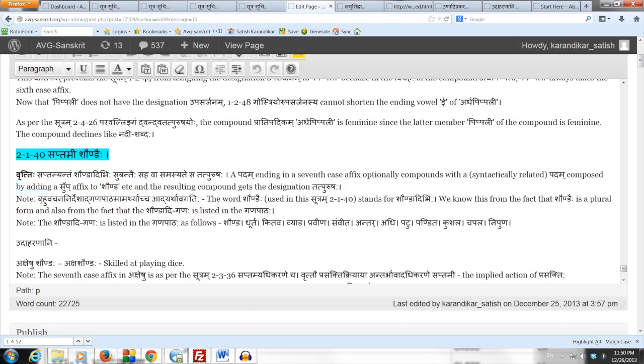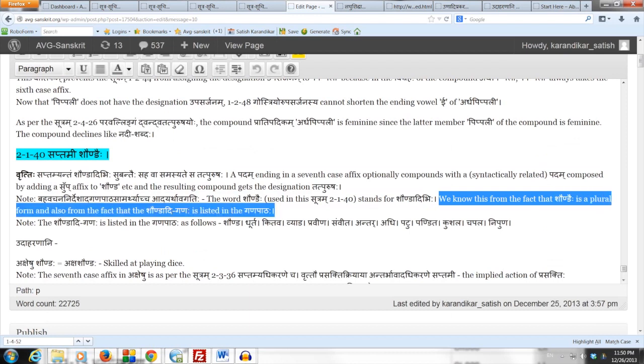The note here says that Bahuvachana Nirdeshad Ganapatha Samarthyacha Adyarthavagatihi, which means that the word Shaundaihi used in this sutram 2140 actually stands for Shaundadibhi. We know this from the fact that Shaundaihi is a plural form, and also from the fact that the Shaundadiganaha is listed in the Ganapatha.